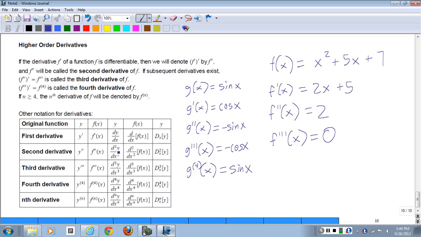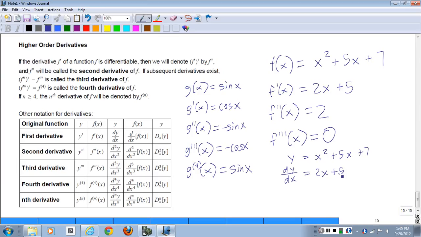For the dy dx notation, you see the appearance of these 2's. We read that d2y dx2 for the second derivative of y with respect to x. I'm going to write this out, and we'll see if it makes sense why the 2's are positioned like they are. Suppose y equals x squared plus 5x plus 7, dy dx equals 2x plus 5.